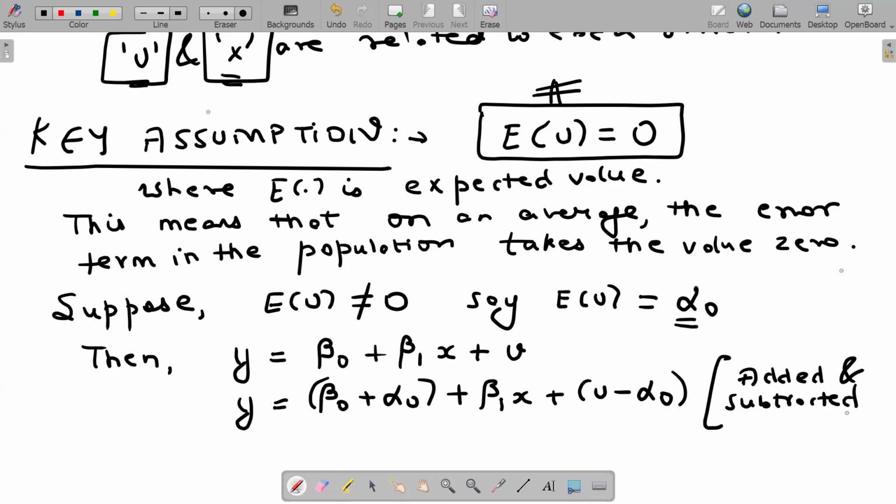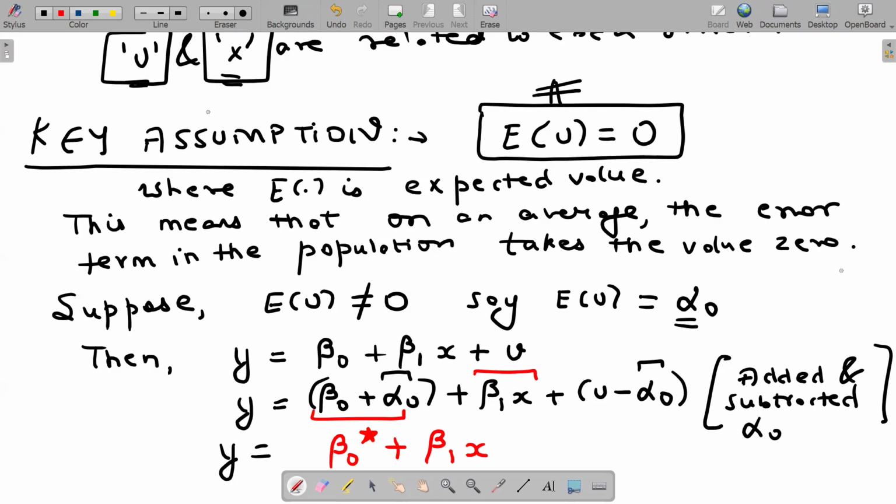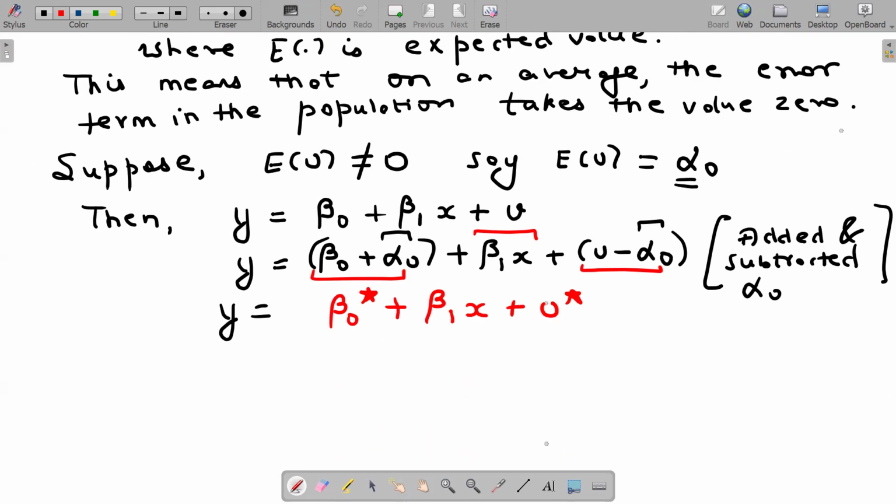Now I can call beta naught plus alpha naught my new intercept term, beta naught star, plus the slope coefficient, which remains the same, beta 1 x, and I can call u minus alpha naught as u star. So what is my new error term now? The new error term is u star, which is simply u minus alpha naught.